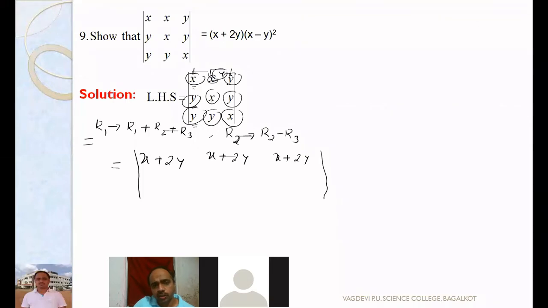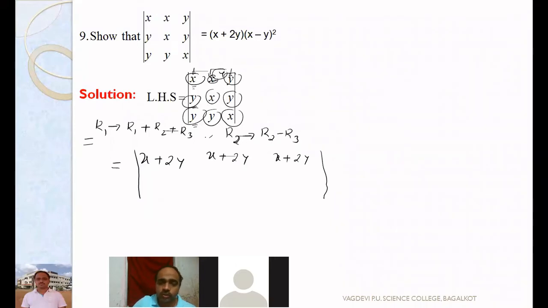And after getting 0, next I'll get x minus y and y minus x. x minus y is present in the right hand side, so that is required in the answer. There are two purposes of doing R2 minus R3: one is getting zeros, y minus y is 0, and another is getting the factor x minus y.